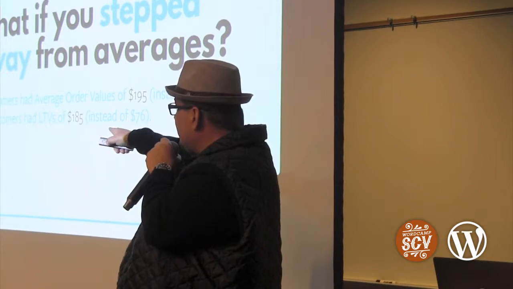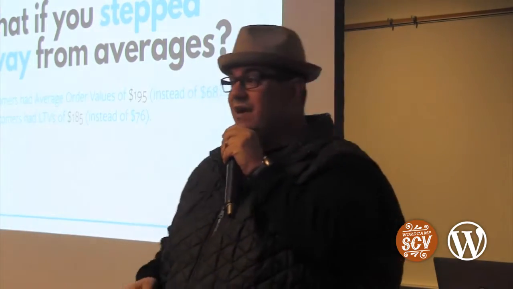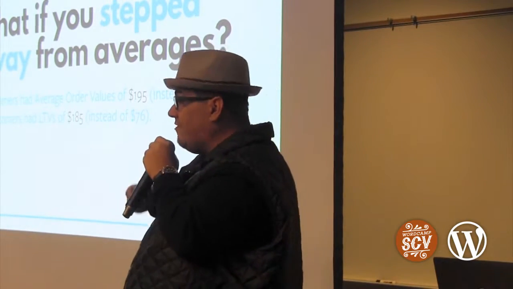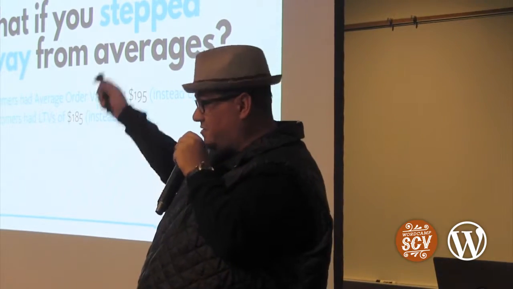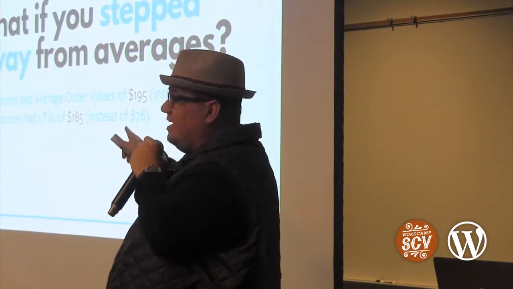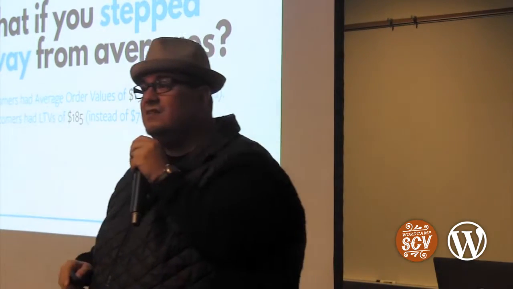The same thing happened when we talked about LTV, the lifetime value of a customer. If you think about how often they're going to stay with you, how often they're going to buy from you, and the average amount they're going to buy each time, and you sum all that up, you get lifetime value. 210 customers had LTVs of 185 instead of 76.